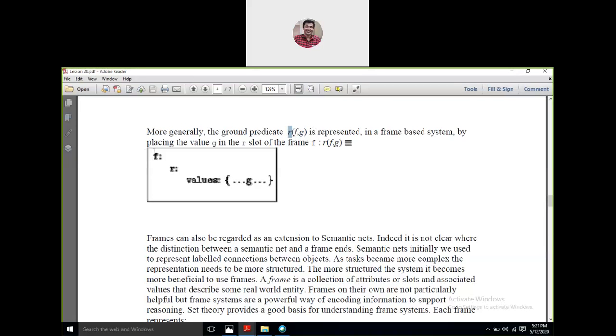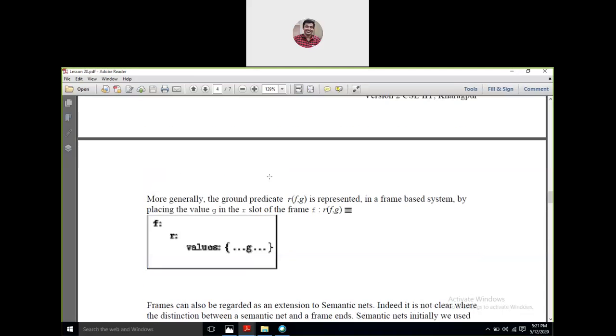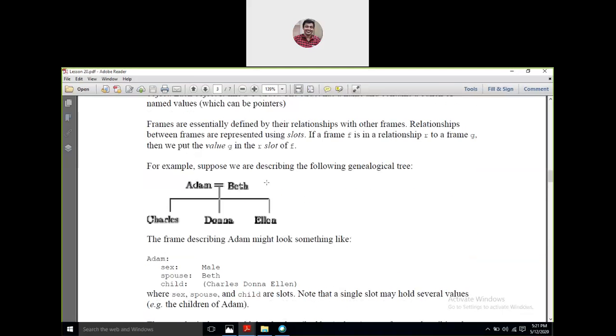The way of writing it is F is the frame, right? And R is the relationship that joins F with G. So to establish the relationship of G with F, G has to be put in the Rth slot of the frame F, right? इसका एक छोटा सा एग्जांपल हम देख लेते हैं, then we'll be moving even further.